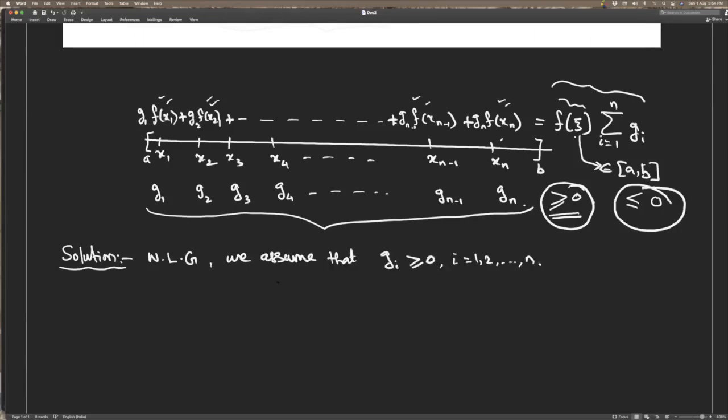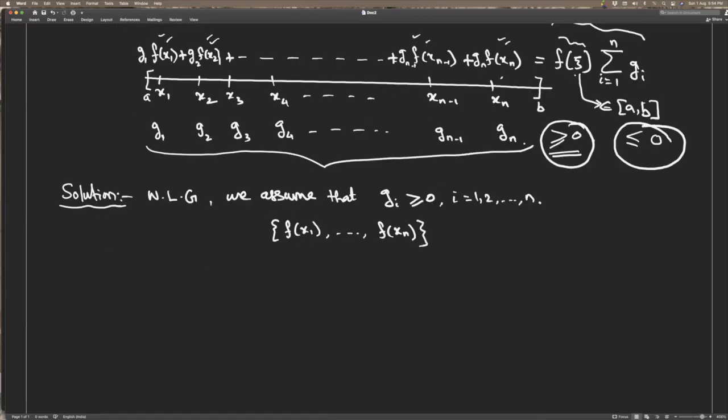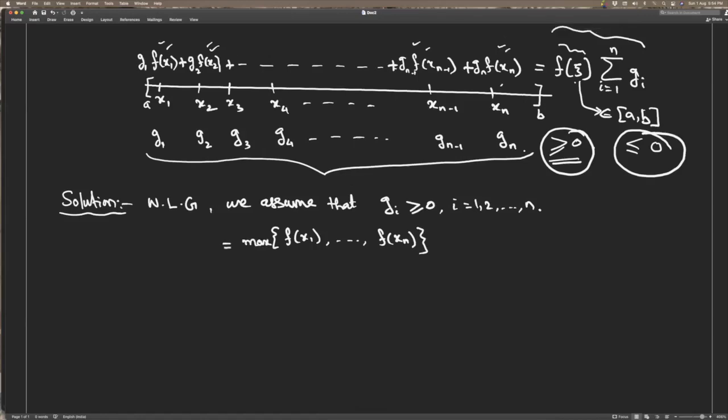Now you see, we have another set of real numbers, f of x1 to f of xn. Remember, they need not be of the same sign. They may vary in their sign. Now what you do is you take the maximum of all these numbers and call it f of x superstar. And similarly, you take the minimum of all these numbers and call it f of x suffix star.